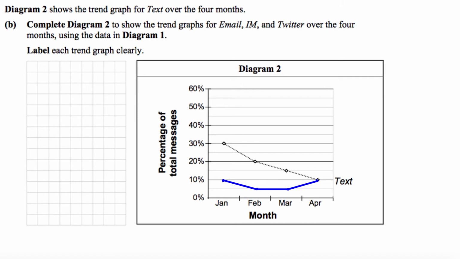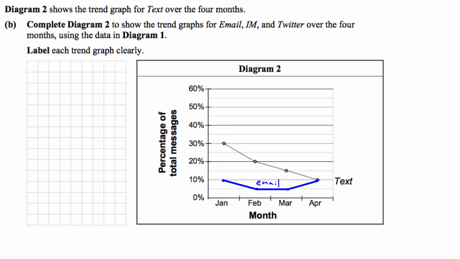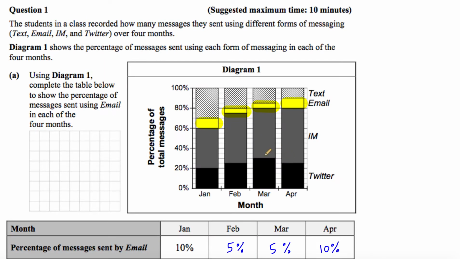There we go, that's email there in blue. Okay, now we've got email and text done, so we're going to look next at IM.